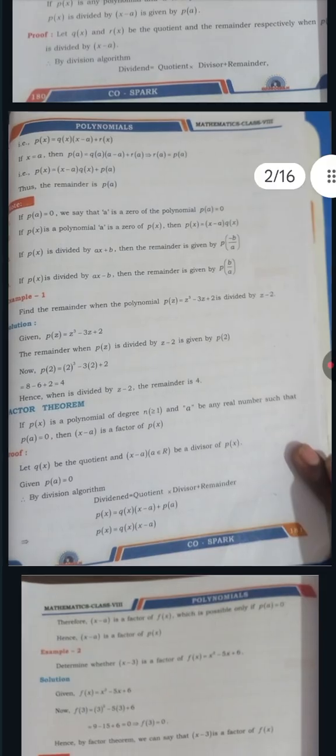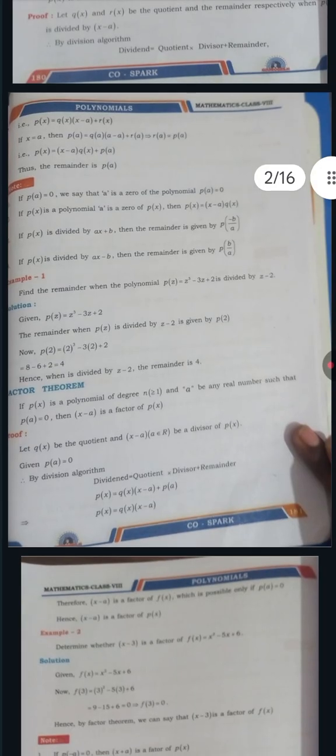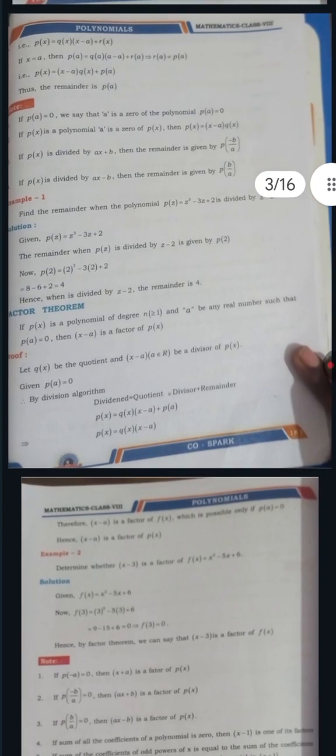They're just telling that when x minus a divides P of x and the remainder is 0, then x minus a is a factor. It is nothing but the reverse way of the remainder theorem. So remember one theorem, and you could get the other one just like that. The same thing repeats again. In the division algorithm, you have to get 0, so you could prove that it's a factor.